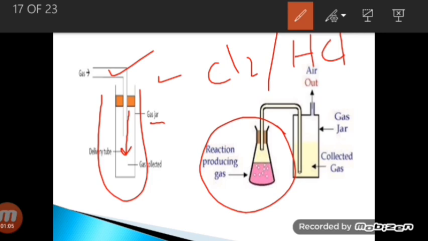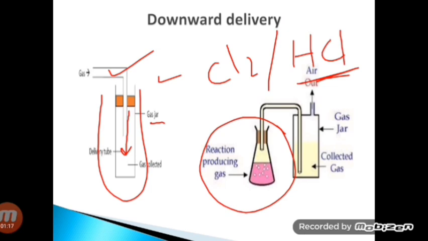Always remember, for collecting any poisonous gas or any gas which has any kind of acidity in it, we will have to carry out that experiment in a fume cupboard. Actually, a fume cupboard is a closed setup where the experimental setup is closed inside it, so any kind of fume will not affect eyesight or any other living being.